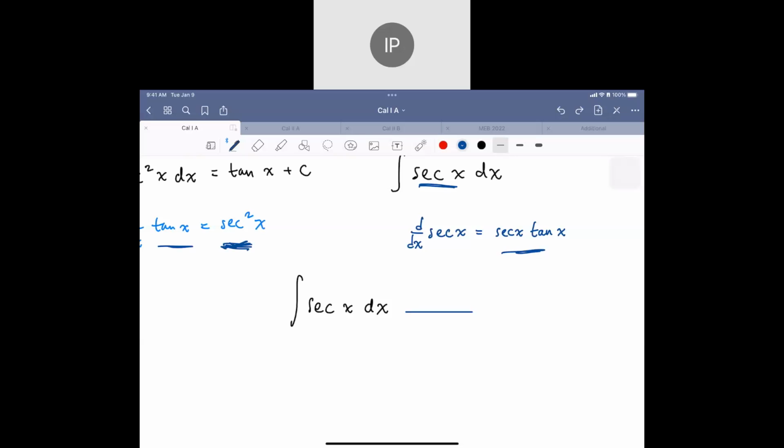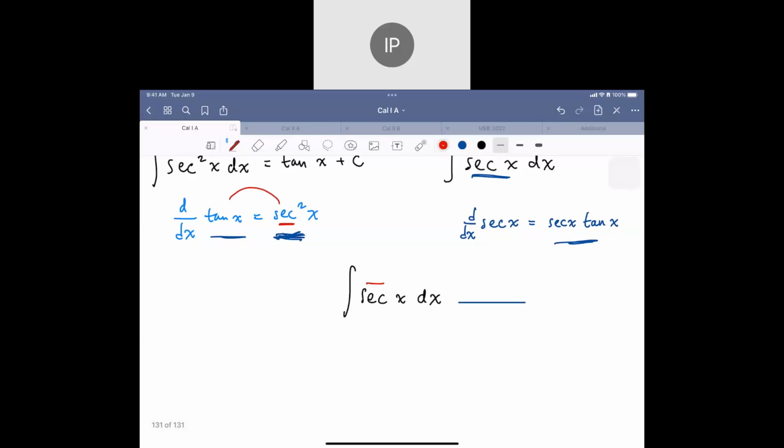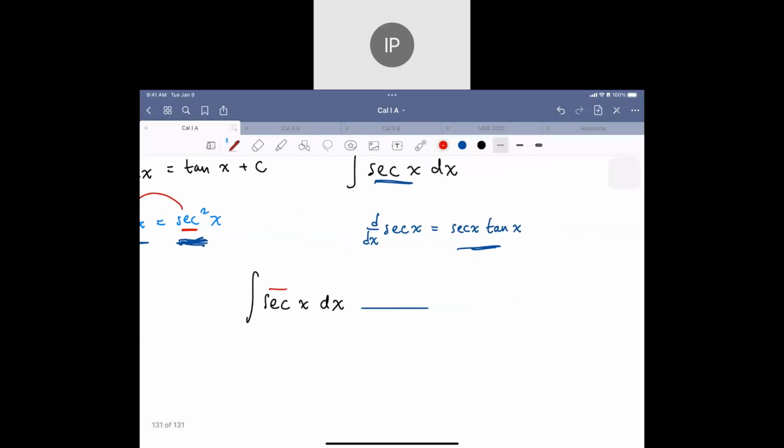So what will be the expression for the rationalization? We would like to have the secant become secant squared. So when we integrate, we get the secant, and we can get the tangent, and we would like to have another secant and tangent. When we integrate, we have secant. So perhaps we are going to have secant x plus tangent x.